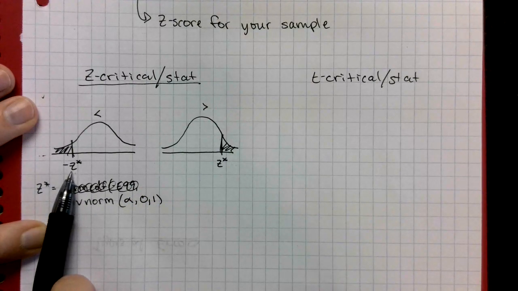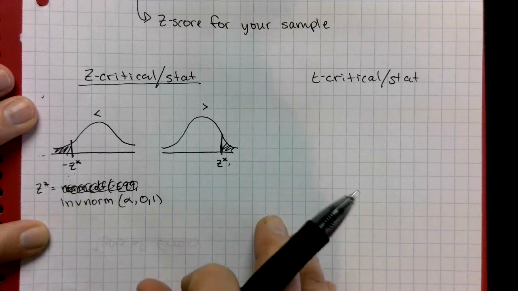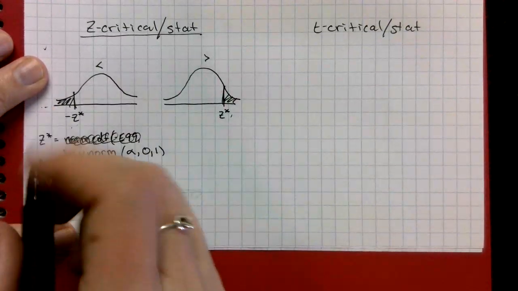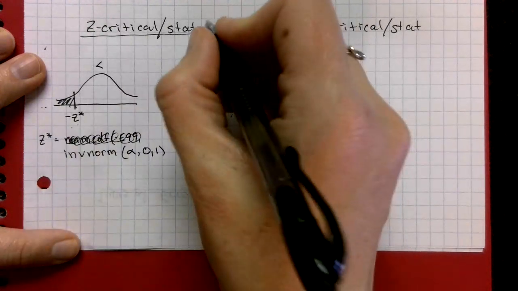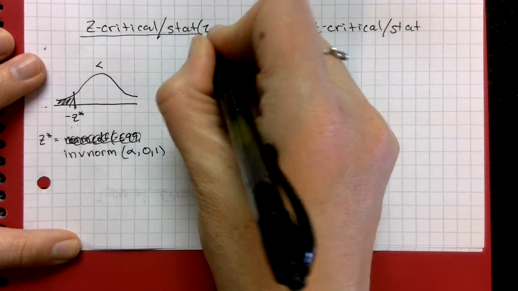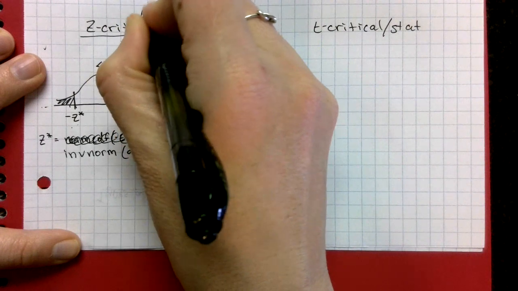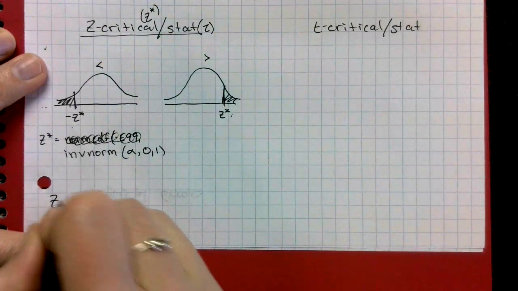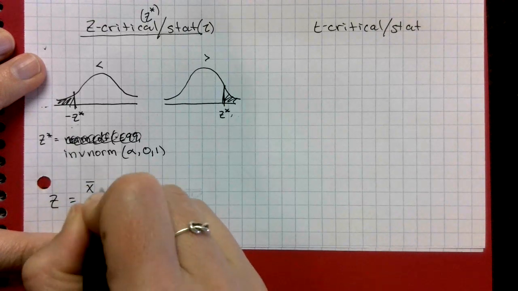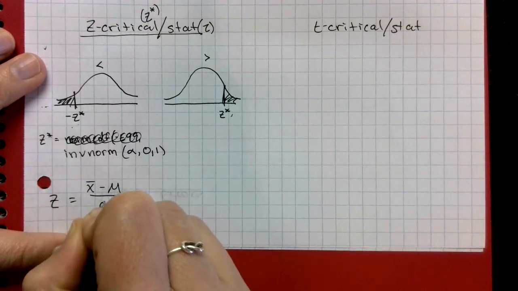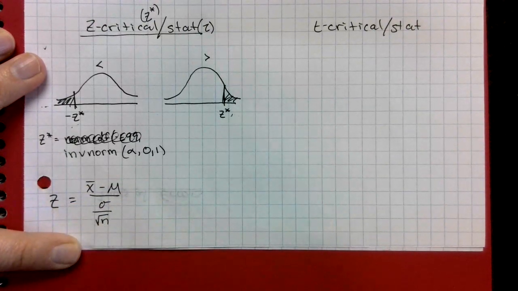And again, you just have to know if it's on the left, it has to be negative. If it's on the right, it has to be positive. Then your test statistic is denoted by just Z, where this is Z critical. Z is x bar minus mu divided by sigma over the square root of n.